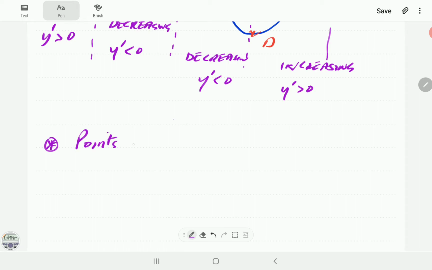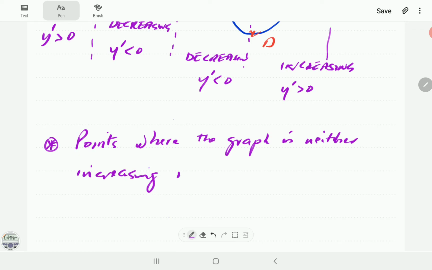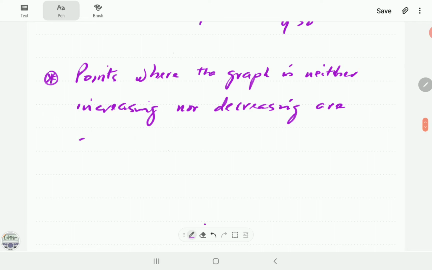The points where the graph is neither increasing nor decreasing, these points are called stationary points.